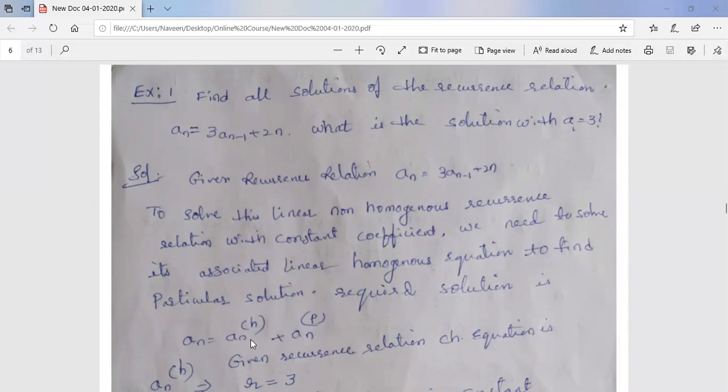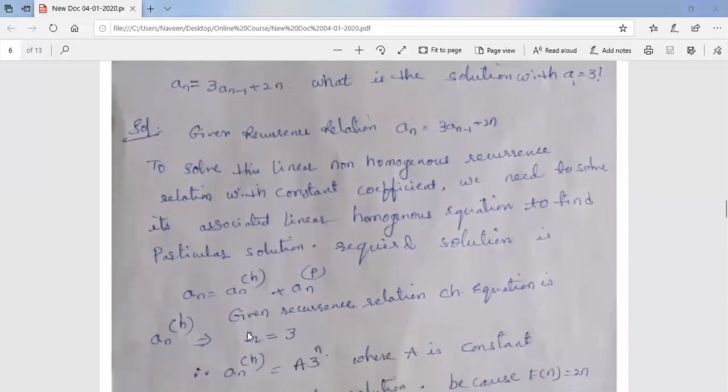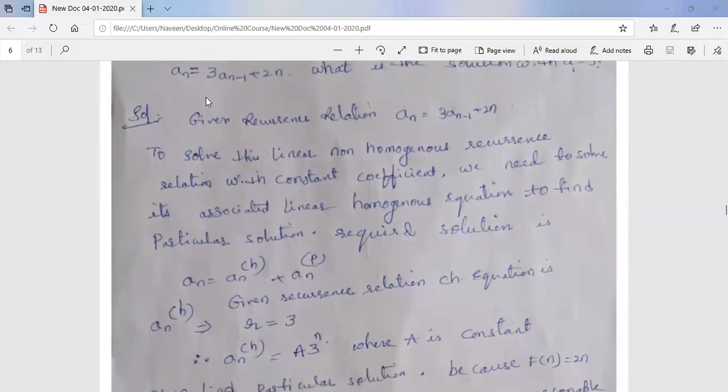First, I'm trying to find the solution to the homogeneous recurrence relation, a_n^h. To get this value, you need to find the characteristic equation of the given recurrence relation. It is a linear recurrence relation of degree 1, so the characteristic equation gives r = 3.